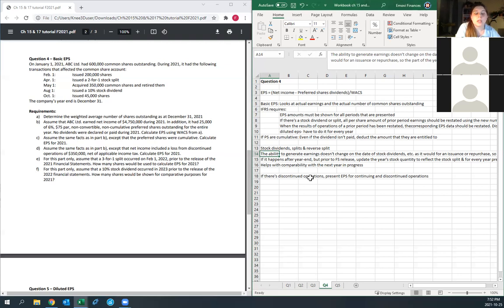So let's say you have a stock dividend that only impacts the current shareholders, right? All the shareholders are going to get the same stock dividend or stock split or whatever. So it doesn't change the percentage of interest. And because of that, you want to reflect all the transactions in the past to reflect that stock dividend and stock split.